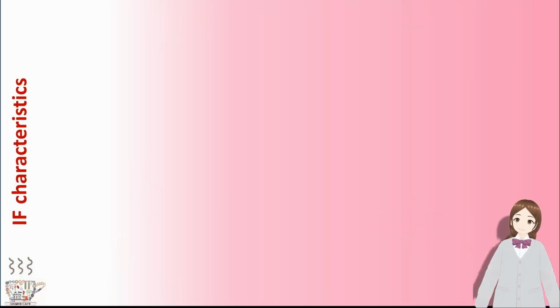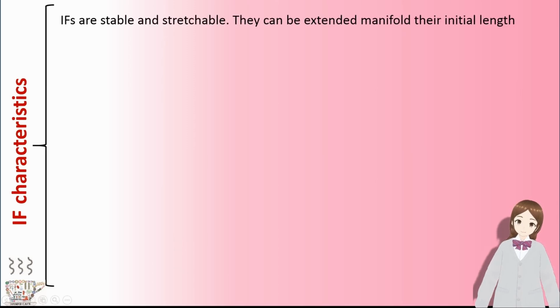Intermediate filament characteristics. Intermediate filaments are stable and stretchable. They can be extended manifold their initial length. Their diameter is about 10 nanometers.